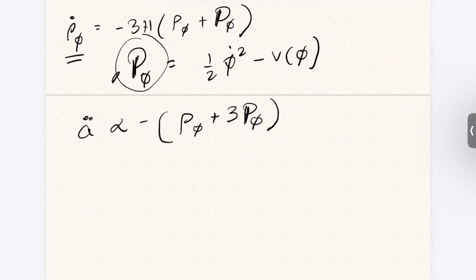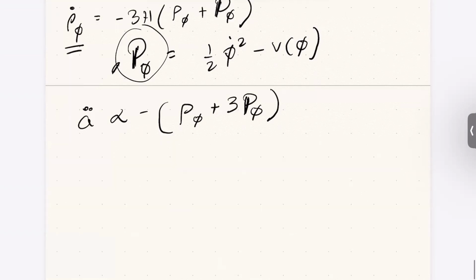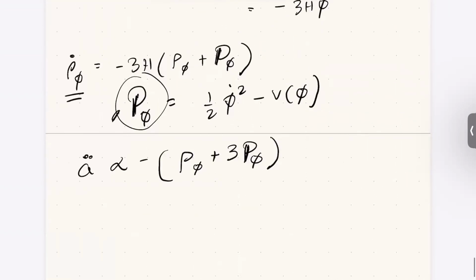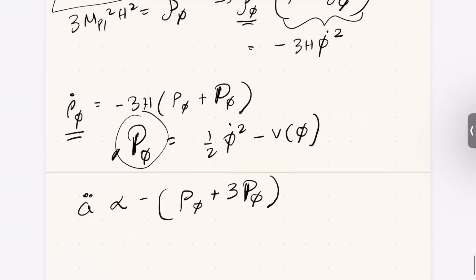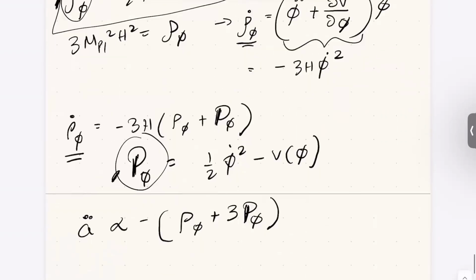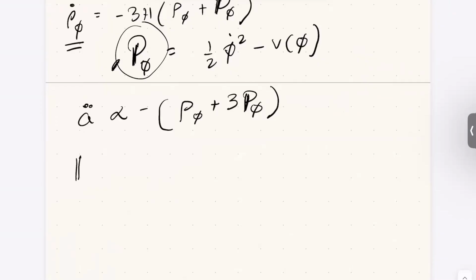Okay, so from here we understand that p and rho are related with the equation of state, omega. And if indeed we have these expressions, from here I can say that p is approximately minus rho phi, right? If that is the case, that means that we have negative pressure.